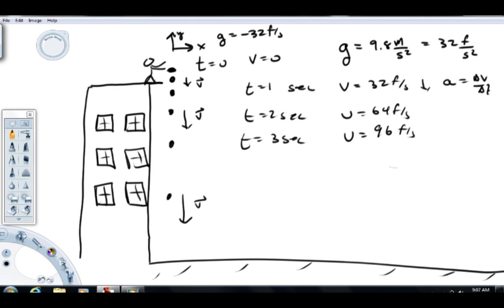However, we could also express the acceleration in a coordinate system that points something like this. There's nothing wrong with putting the plus x or plus y direction down. In this example, since acceleration is down and I've got the positive y direction pointing down, the acceleration of gravity is positive 32 feet per second squared.